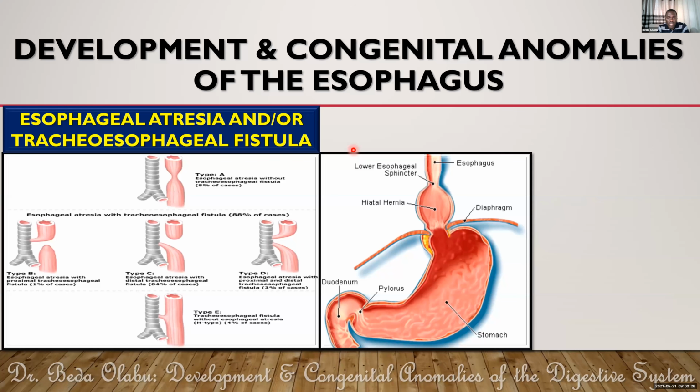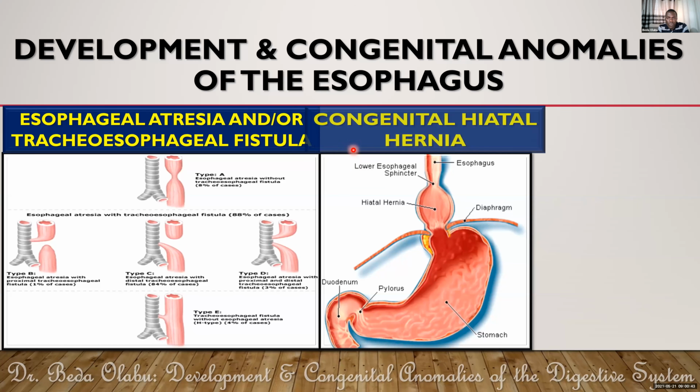And that means that the stomach will be pulled upwards into the thorax. So the gastroesophageal junction will be above the diaphragm. If that happens, we call that congenital hiatal hernia. So in congenital hiatal hernia, some parts of the stomach are through the diaphragm into the thorax. It could be because of a short esophagus. There are other causes of congenital hiatal hernia, not within our scope.